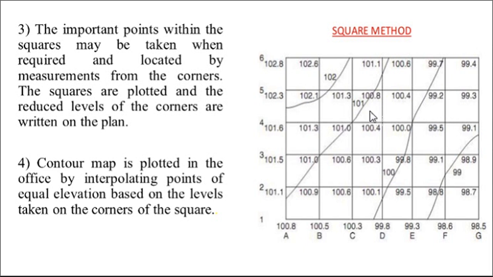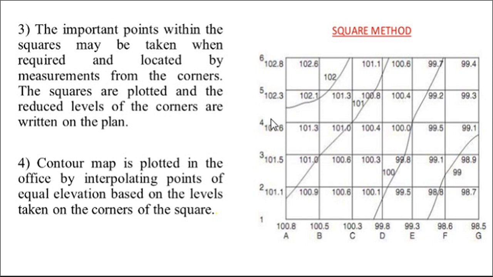So with a suitable scale we have to plot this square on the drawing sheet, write down all the RLs of these corner points, and then plot the contour lines depending upon the contour interval. For example, suppose I want to plot the contour line for 102.